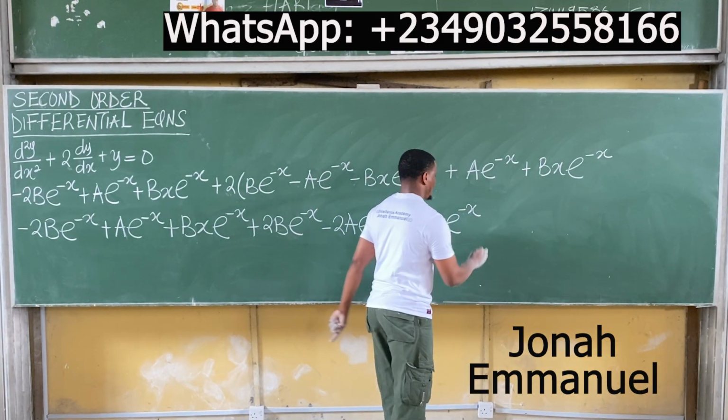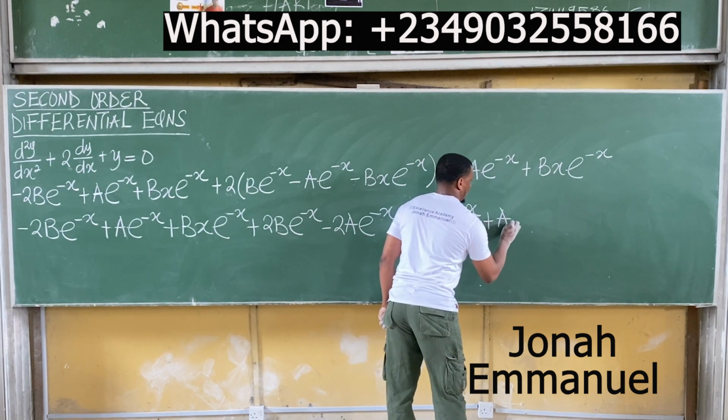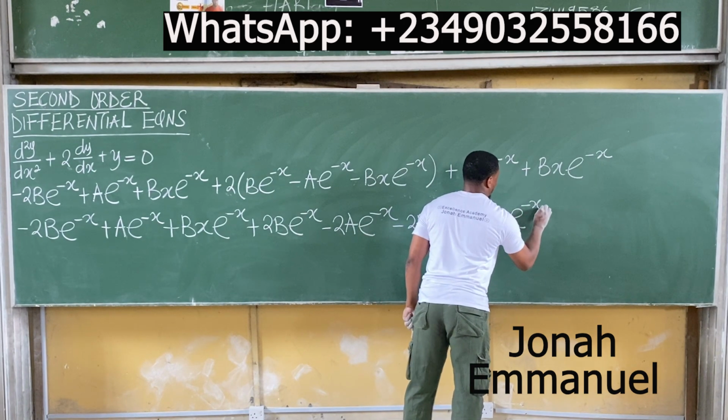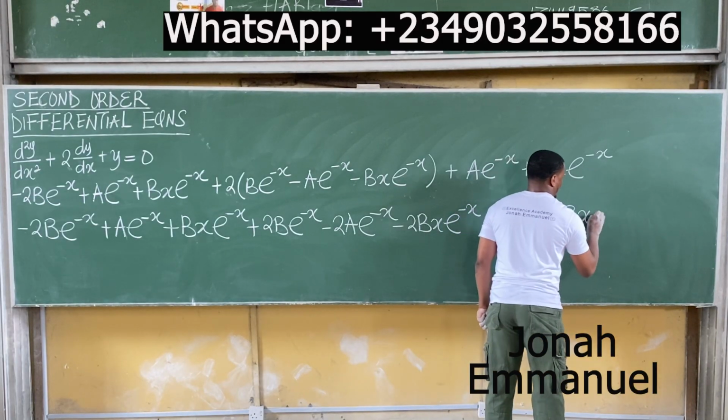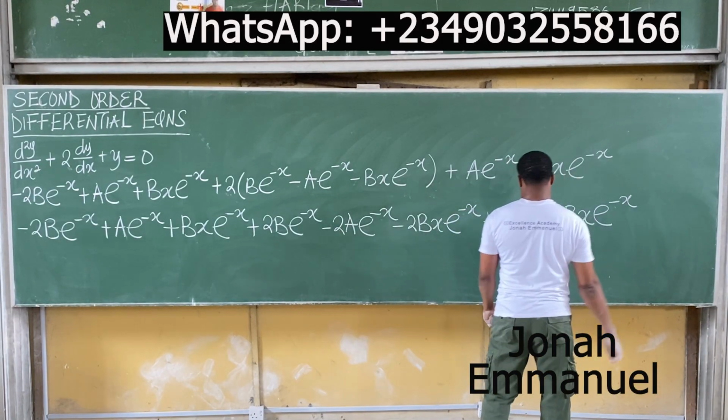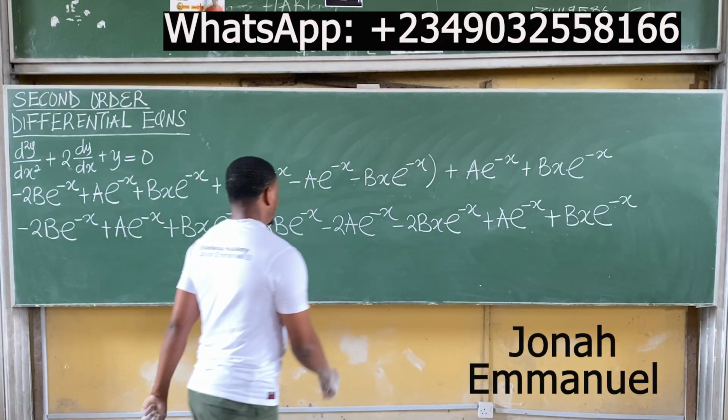Bring down this man, plus a exponential minus x plus bx exponential minus x. Right, so I have this. So what do you have here?